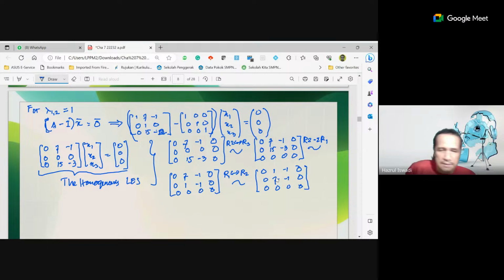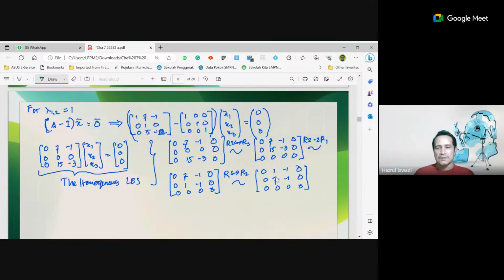After this one we want to make 7 become 0, because we want a reduced row echelon matrix.